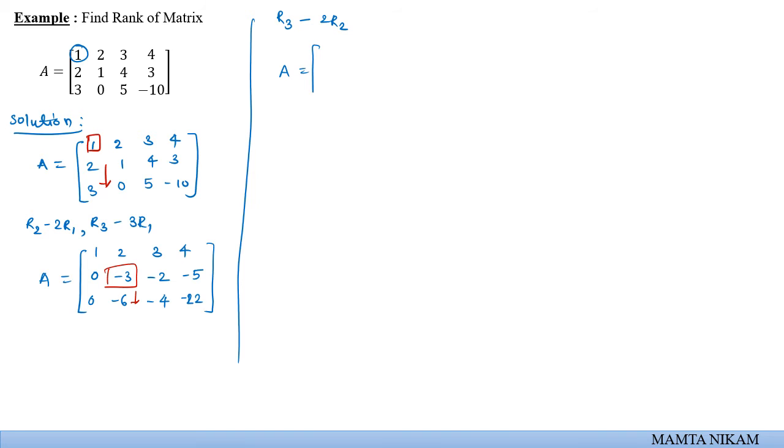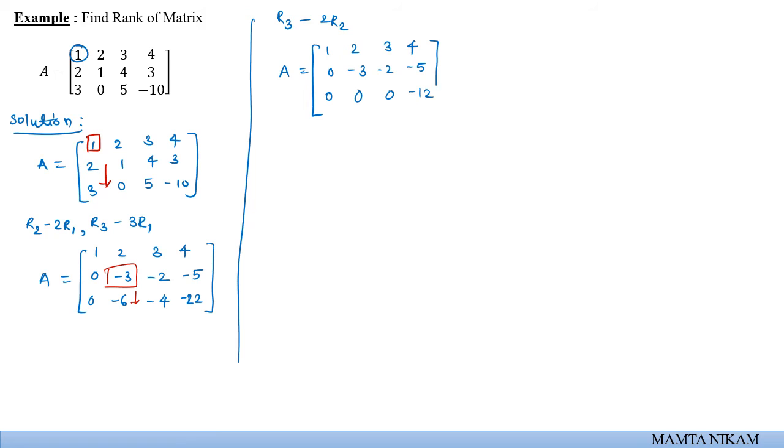So this matrix will turn out to be: first row as it is, second row will remain as it is, and now third row, first element 0, minus 6 plus 6 is 0, minus 4 plus 4 is 0, minus 22 plus 10 is minus 12. This minus 12 we cannot reduce further to 0, so it will remain as it is. If you want, you can divide the row by minus 12 and turn it into 1. That is also considered.